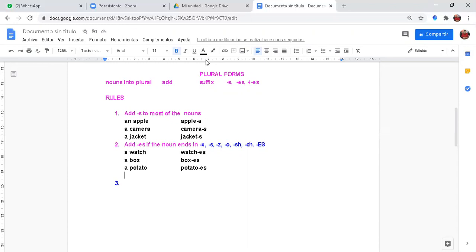Then we have a word ending with s: a kiss, kisses.